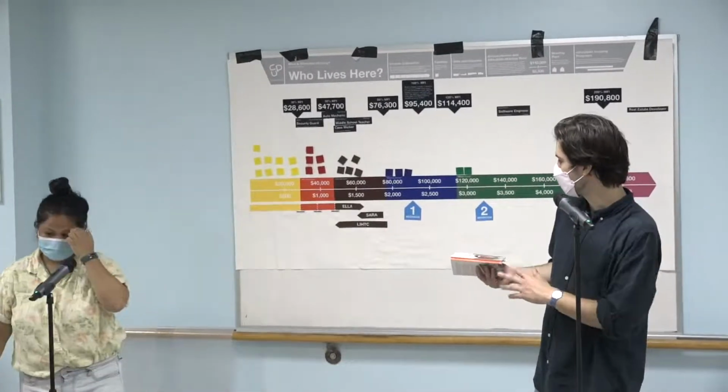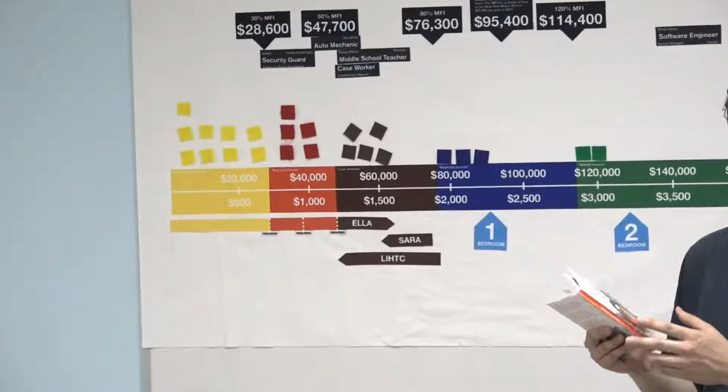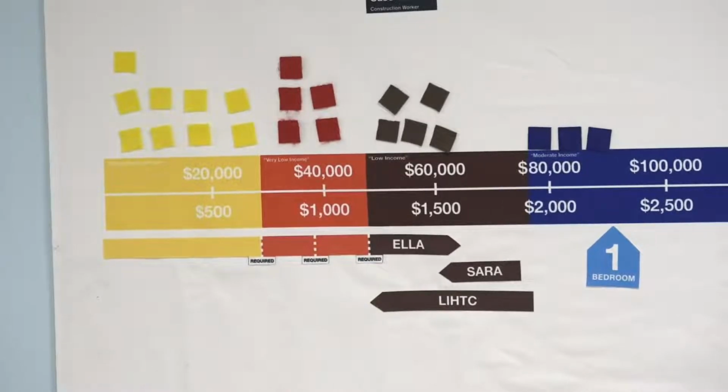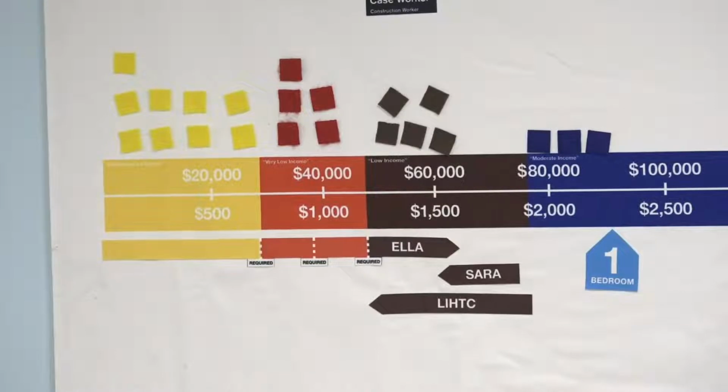The way this works is that the federal government will give tax credit vouchers to local housing agencies, and then private developers can apply to receive those tax credits by presenting plans for buildings that they're going to build, and those plans are scored on a point system.